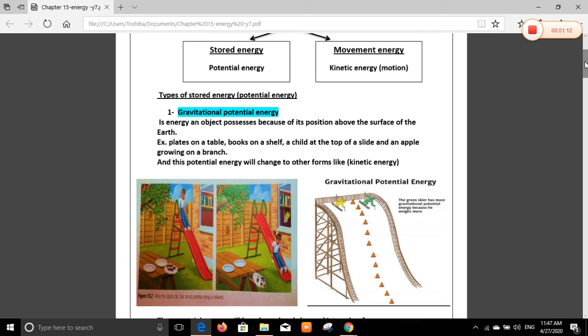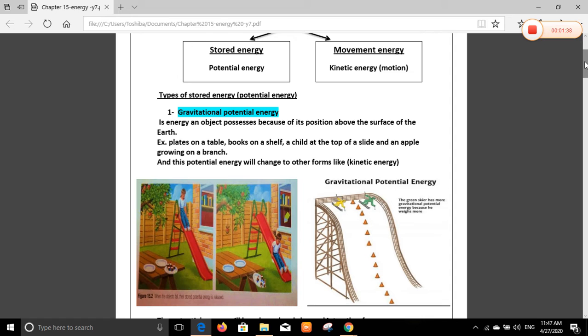It is energy an object possesses because of its position above the surface of the earth. So, any object above the earth has potential energy.